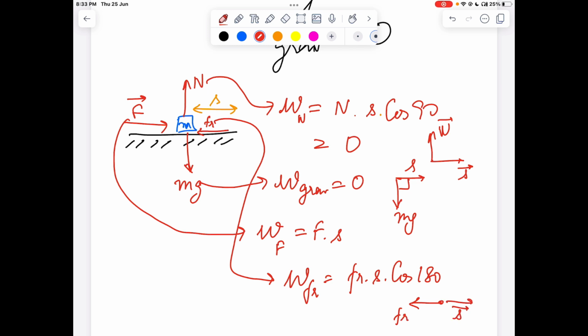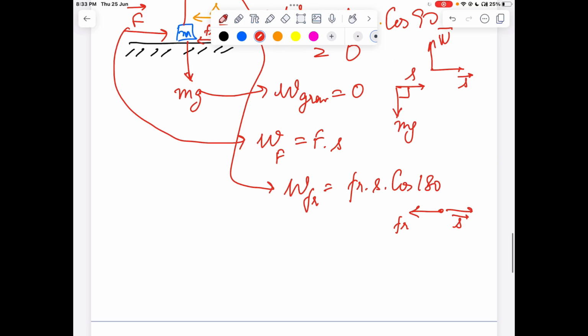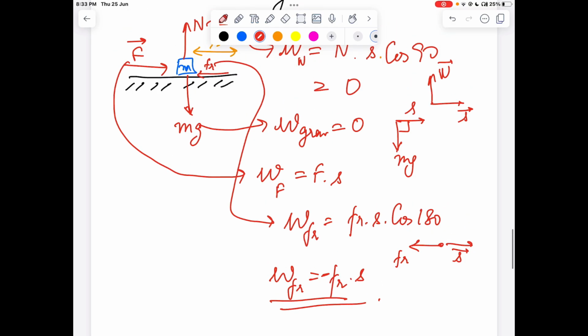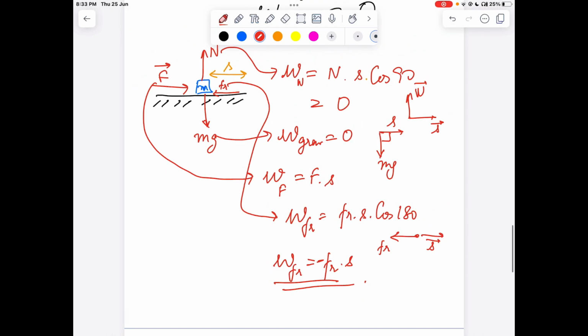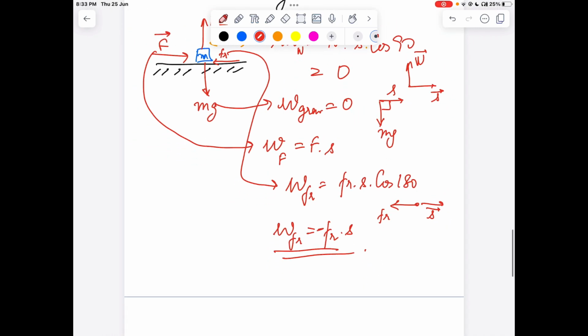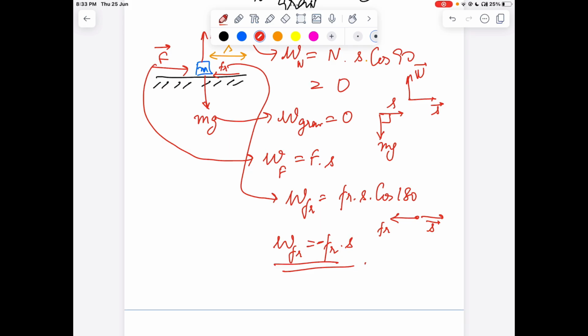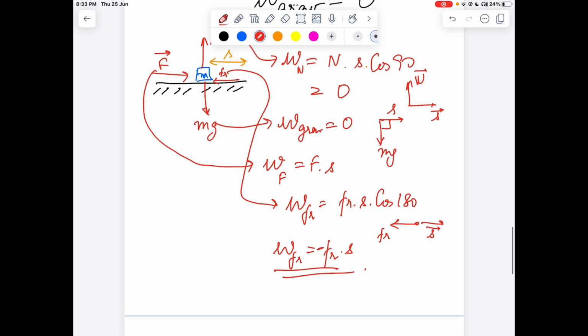They make an angle of 180 degrees with each other. So the work done by friction would be negative Fr S. So of course we do have a concept of negative work. Whenever the force and the displacement are in opposite directions, we have negative work.